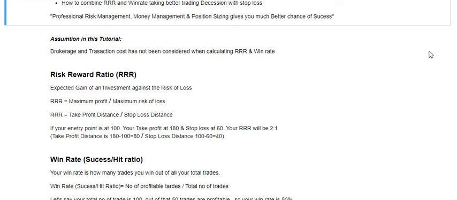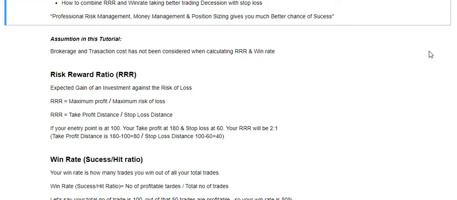So from a trading perspective, in the trading world, we do know our take profit point and stop loss point. From the entry point to the take profit point, that is our take profit distance, and from entry point to stop loss point, that is our stop loss distance.